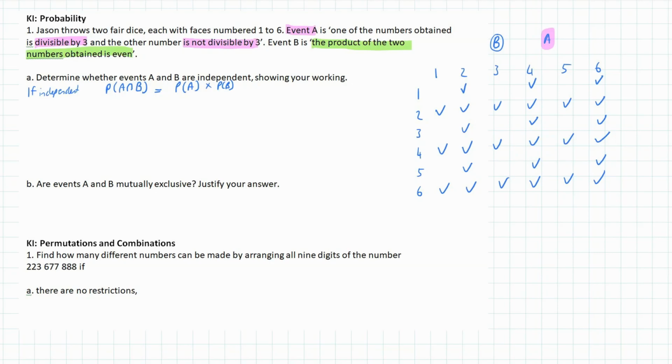So if you get a 3 and a 1, so this one here, a 3 and a 2, a 3 and a 4, and a 3 and a 5, so that way. And if you go 6 and you get a 1, 6 and you get a 2, not a 3, 6 and you get a 4, and 6 and you get a 5.